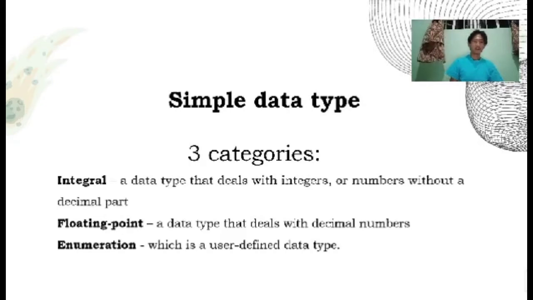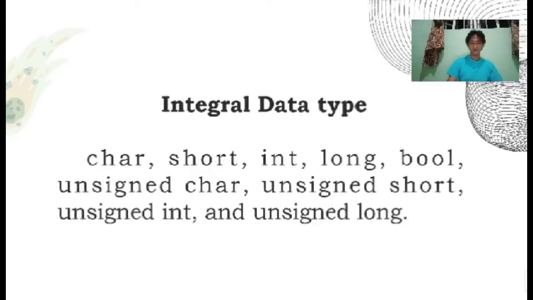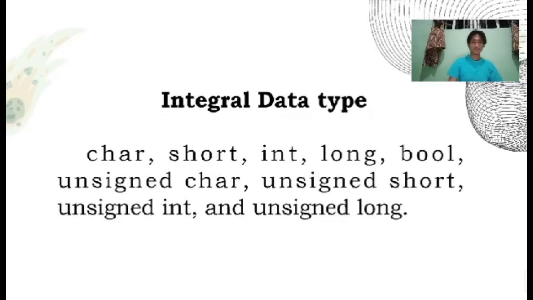Second, floating point, a data type that deals with decimal numbers. Third, enumeration, which is a user-defined data type. First, integral data types: char, short, int, long, bool, unsigned char, unsigned short, unsigned int, and unsigned long.